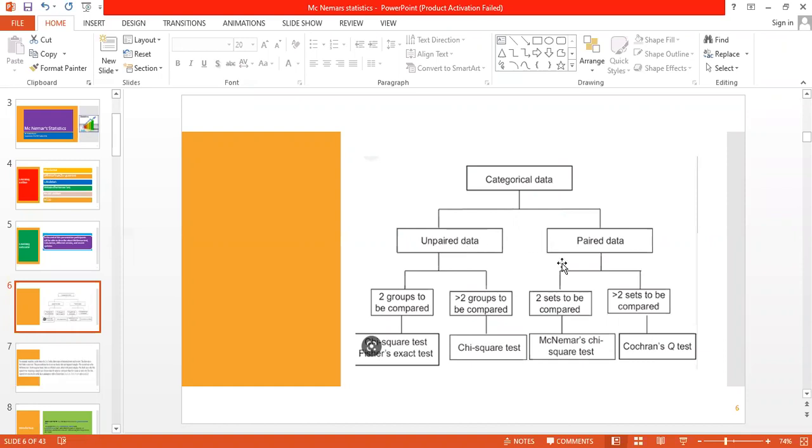When paired data is represented in two sets to be compared, we use the McNemar chi-square test. When the paired data is in more than two sets to be compared, we use Cochran's Q test. For unpaired data, if more than two groups are to be compared, a chi-square test is used, and if two groups are to be compared, we use chi-square or a Fisher exact test.